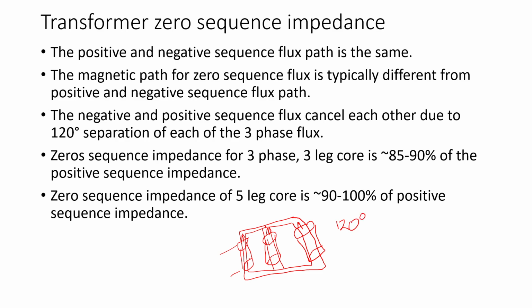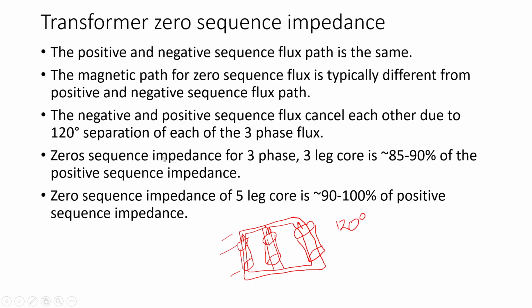So that's why, for positive and negative sequence fluxes, you don't need the returns or the magnetic returns. But anyway, the zero sequence flux is different from the positive and negative sequence flux.